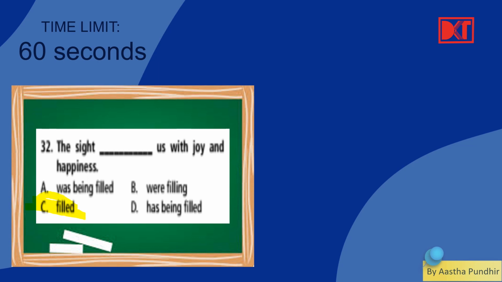Okay, the site filled us with joy and happiness. All right. Others, was being filled, were filling, this is past, and has been filled is just incorrect formation. Okay. So with this we finish off with the questions on voice, active voice, and passive voice.